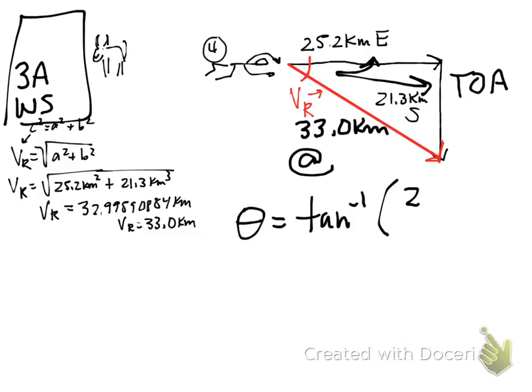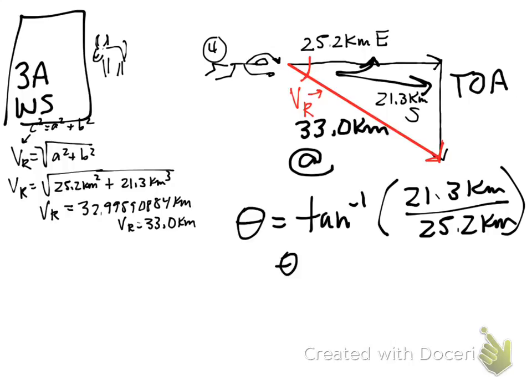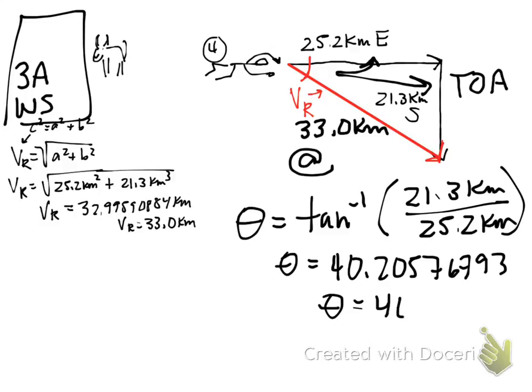So inverse tangent of 21.3 km divided by 25.2 km. Get for theta. Yep. So theta equals 40.20576793. And with sig figs, we get a theta of 40.2 degrees.